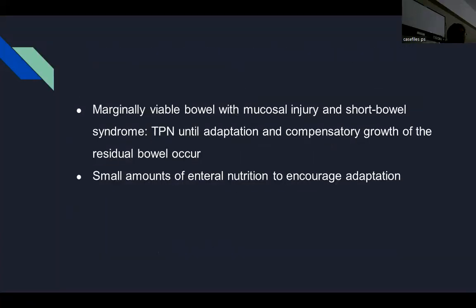Coming to marginally viable bowel, in patients presenting with acute midgut volvulus with short bowel syndrome, or some amount of mucosal injury, these patients might require TPN until adaptation and compensatory growth of the residual bowel can occur. A small amount of enteral nutrition has to be given in these patients as well to encourage adaptation of the bowel.